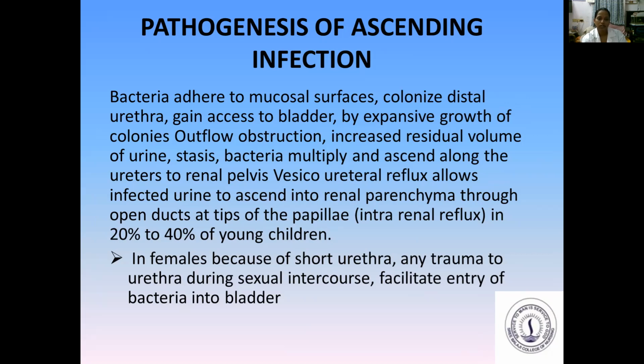Vesicoureteral reflux allows the infected urine to ascend into the renal parenchyma through open ducts at the tips of the papillae in 20 to 40% of children. In females, because of the short urethra, any trauma to the urethra during sexual intercourse facilitates the entry of bacteria into the bladder.